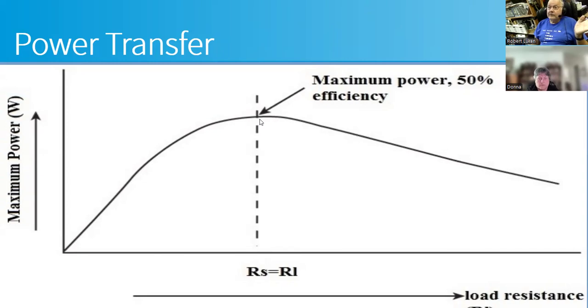It's only going to be 50% efficient. So if this was 50 ohms and this was 50 ohms, I've lost half of my power in the transmitter to get half of the power to the antenna. The best you're going to do. That's just a fact of physics.